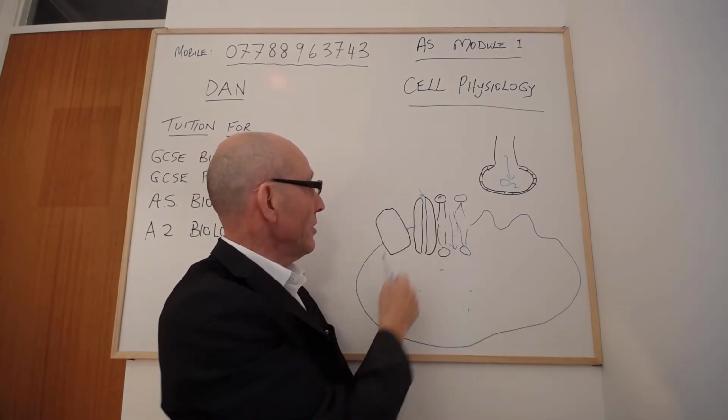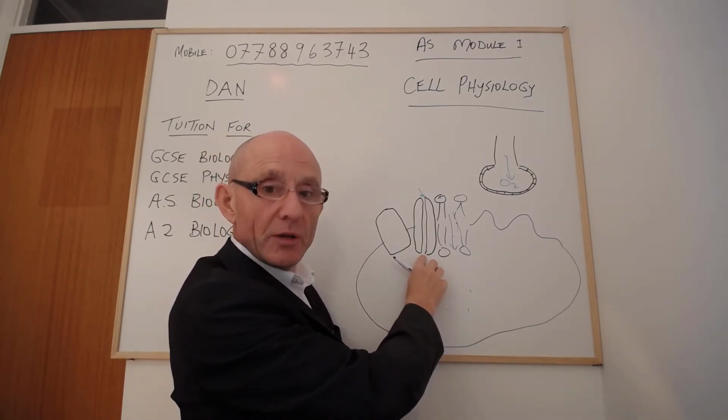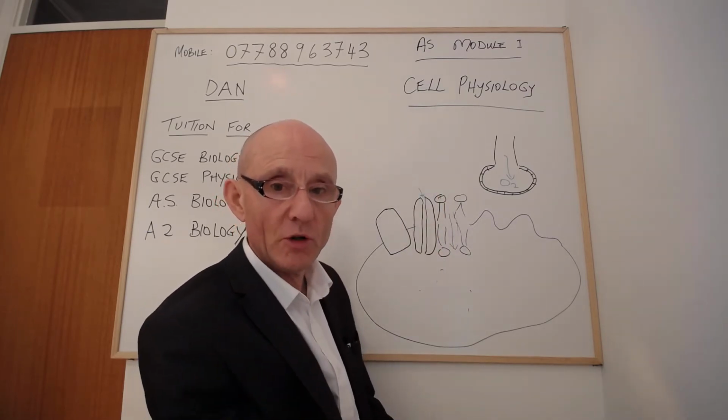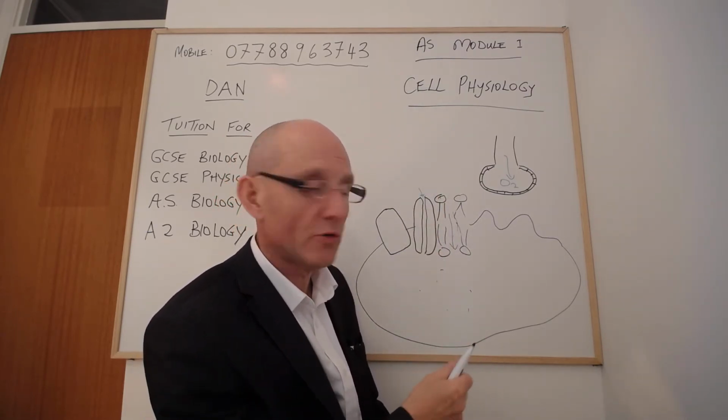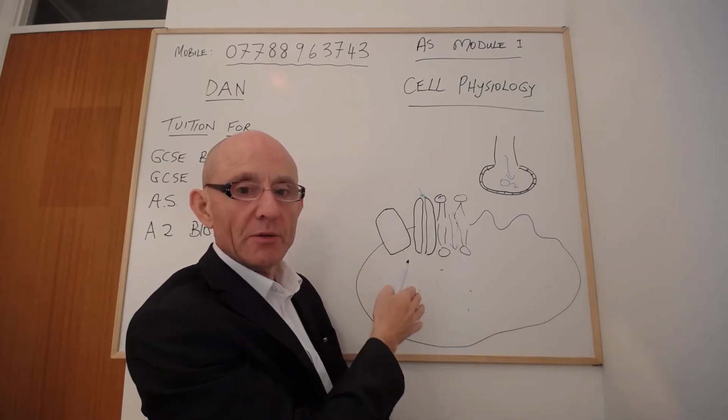How's a carrier protein different from a channel protein? Well, first of all, the channel protein's got a channel through it, and that channel is usually open. Sometimes they can be open or closed, but usually it's open. Now, carrier proteins don't have any channels.